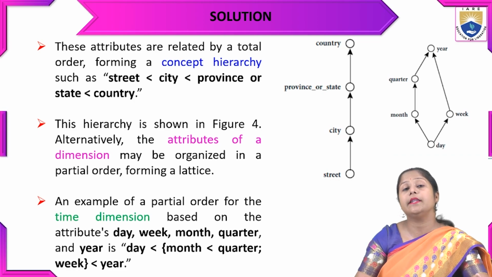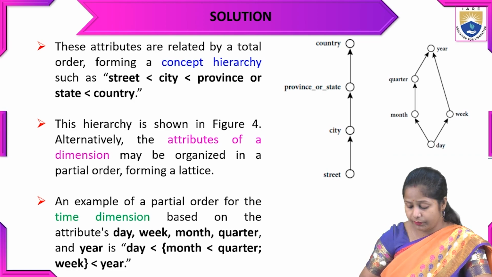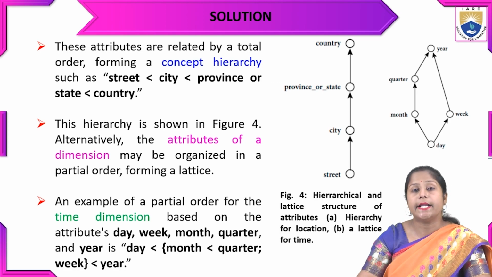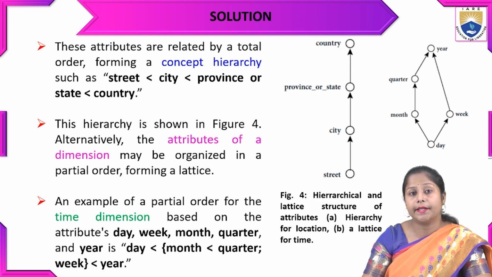Now we want to see the lattice structure, but first we will see the hierarchy for one of the dimensions. On the right hand side we can see the hierarchical and lattice structure of attributes.